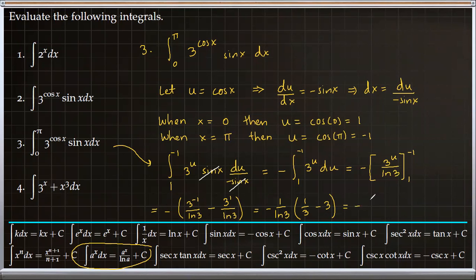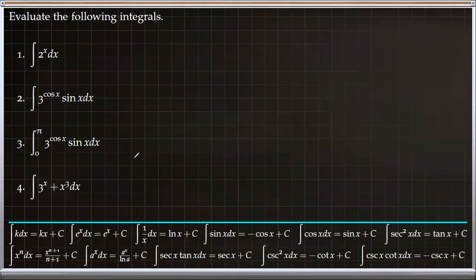And 1/3 minus 3 is, because 3 is 9 by 3, negative 8 by 3 is what we get here. So this becomes 8 over 3 natural log of 3. So this is the value of this definite integral. Let's look at the next example now.